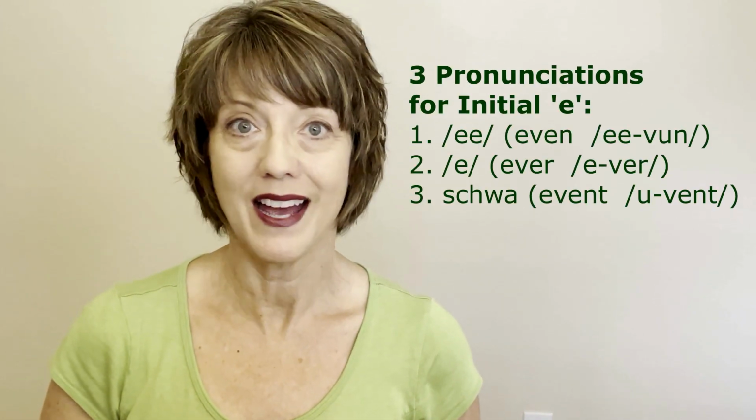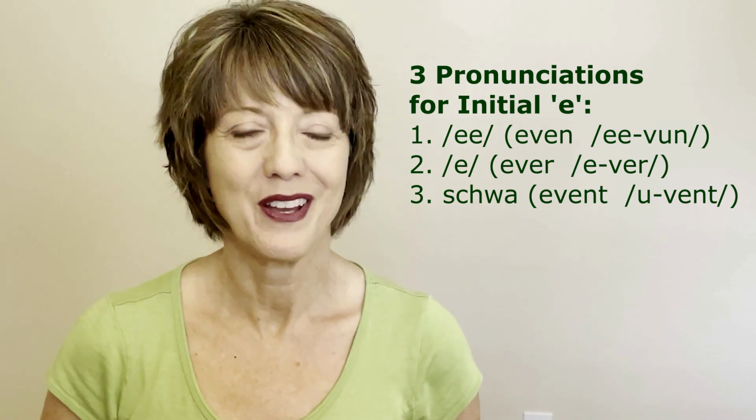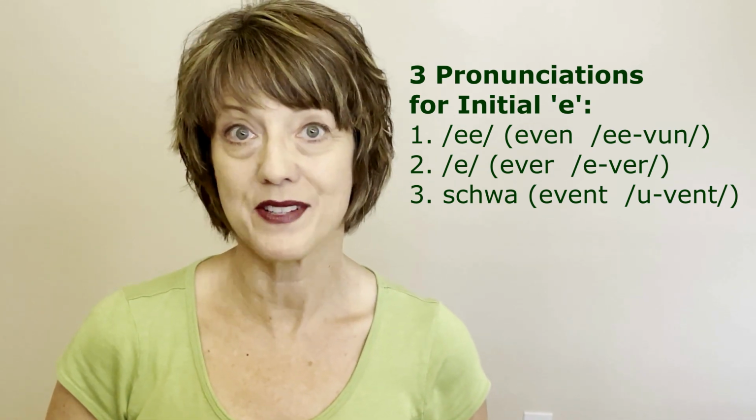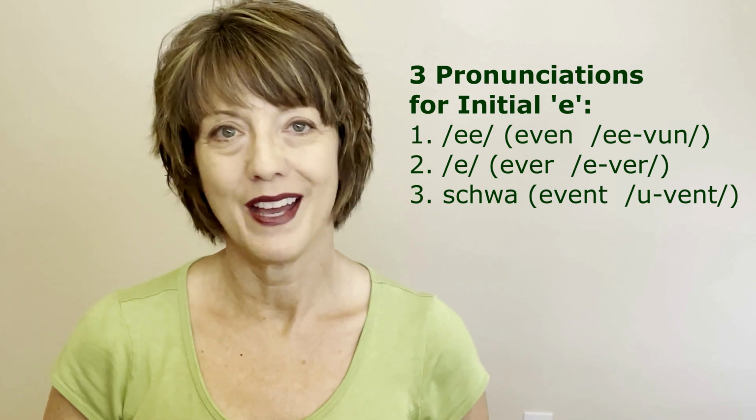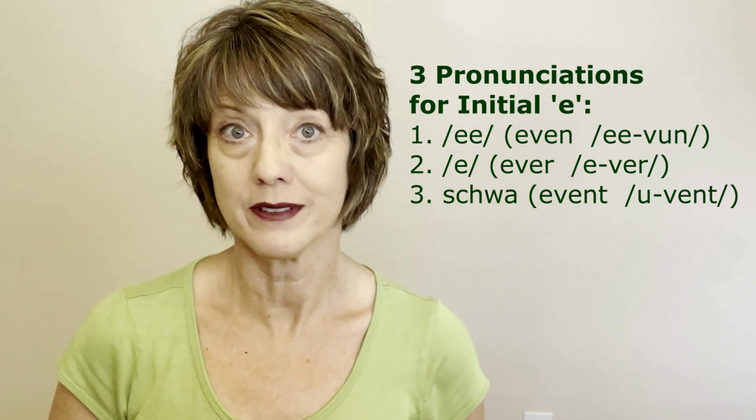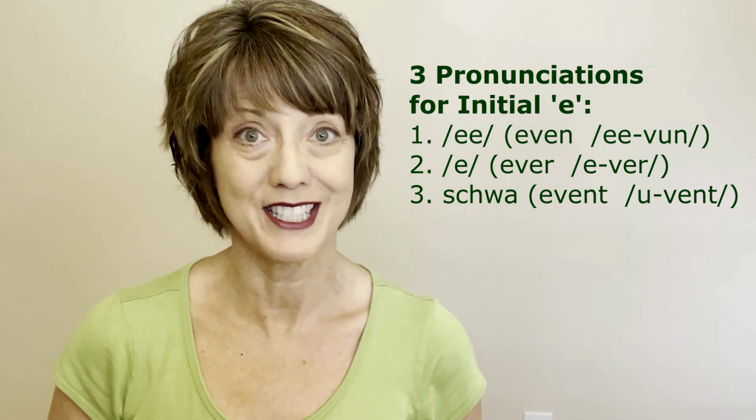All right, let's talk about the three main pronunciations that are used for initial E in English. They are the long E, as in "even," the short E, as in "ever," and the schwa vowel, as in "event."